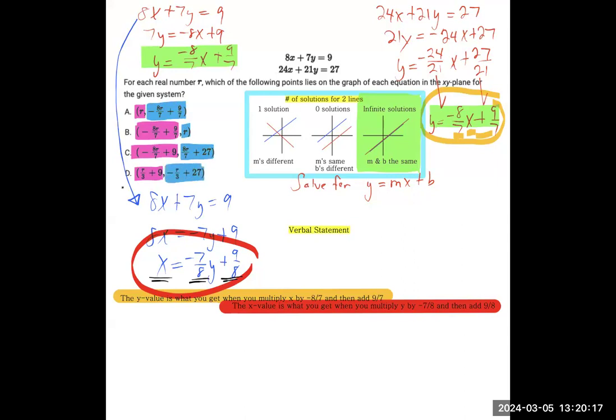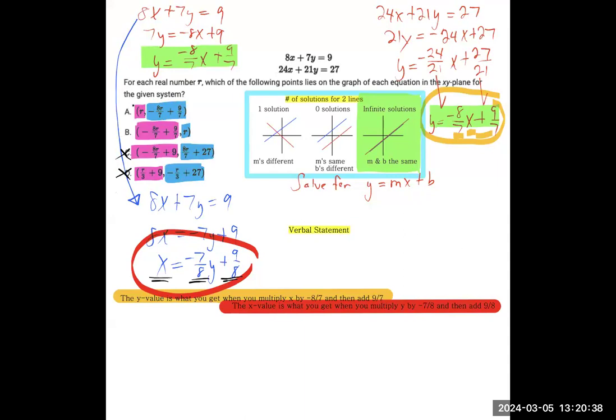And we kind of know the answer can't be C or D because we're looking for something that says x equals something, or y equals something. So the idea that they're independent by themselves is what you need in this situation.